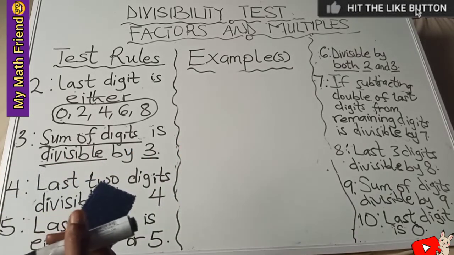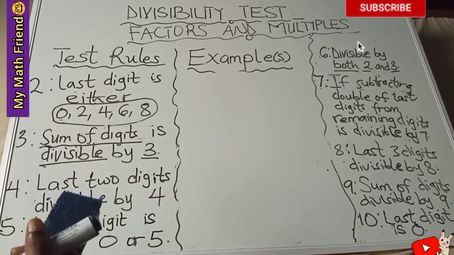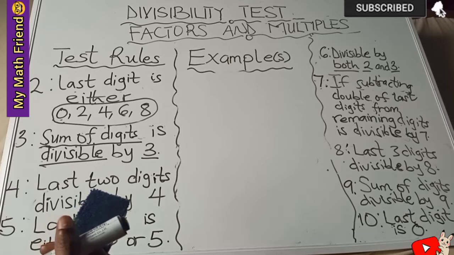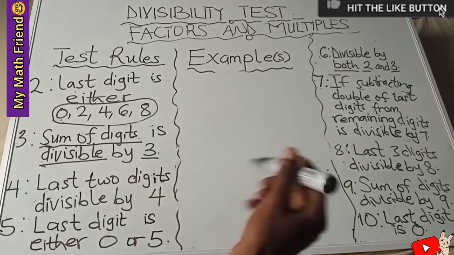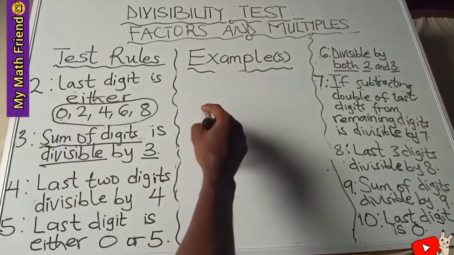The last test rule is that of 10. How do you test whether a number is divisible by 10? The test rule says that the last digit should be 0, just 0. So pick any number, and find out if the last digit is 0.